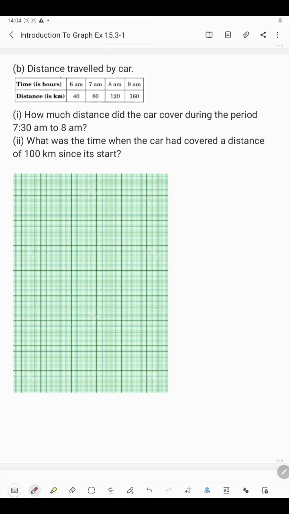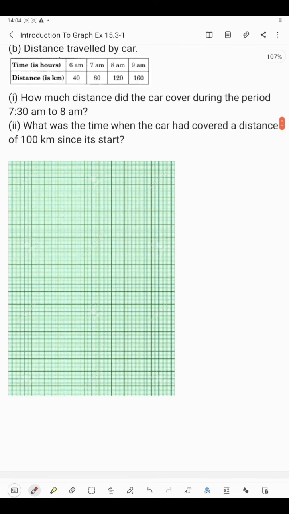At first we will have to draw the graph. So for this we need to draw the axis. This is x-axis. And this is y-axis.